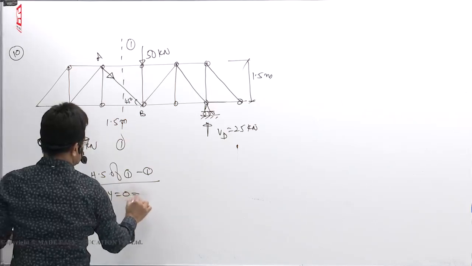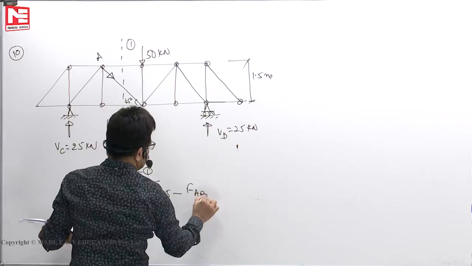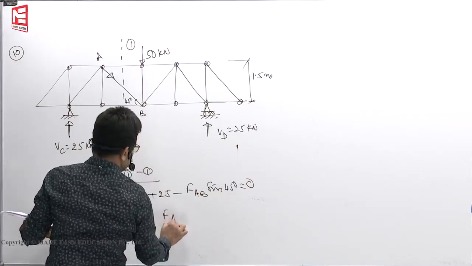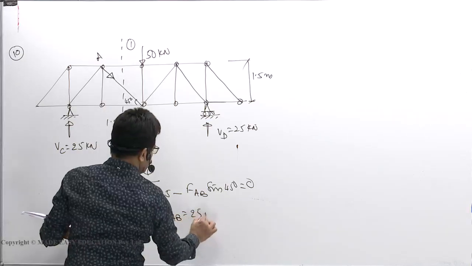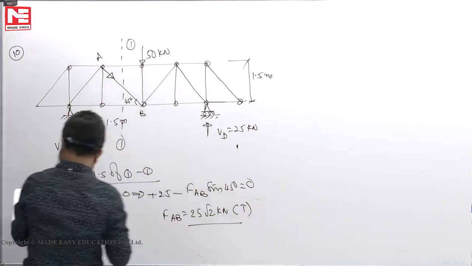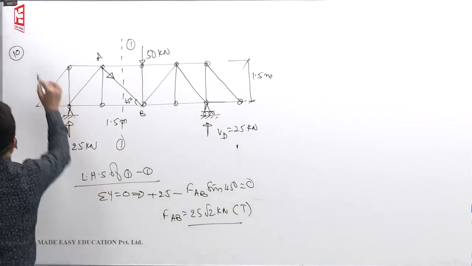Sigma y 0: plus 25 minus FAB sin 45. So FAB is equal to 25 root 2 kilonewton. Arrow is away from the joint, so tension. 25 root 2 kilonewton tension. So B is the option.